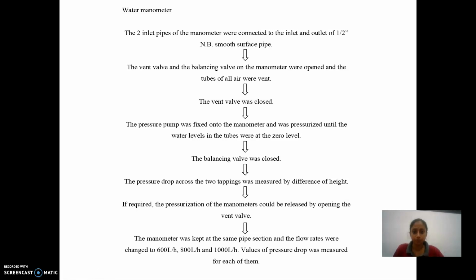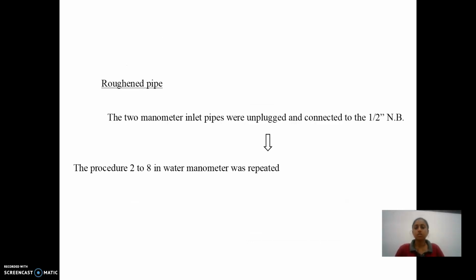The two inlet pipes of the manometer were connected to the inlet and outlet of the half-inch smooth surface pipe, and all the other procedures were followed. Then continue with the roughened pipe, where the manometer is connected to the half-inch roughened pipe, and the procedure from the previous water manometer was repeated.